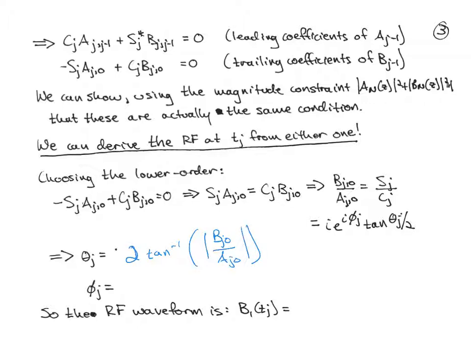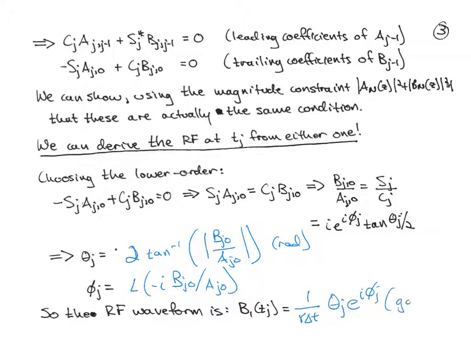The units of this will be radians. And then the phase is going to be the angle of minus i times b sub j0 divided by a sub j0. So overall, the RF waveform is, in Gauss, 1 over gamma delta t times theta sub j e to the i phi sub j, in Gauss.